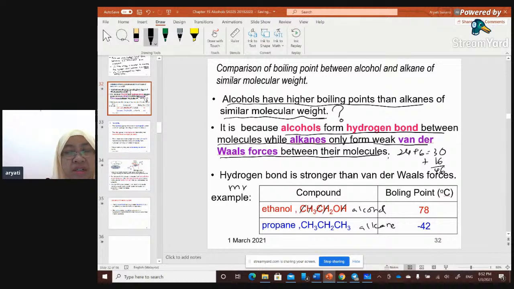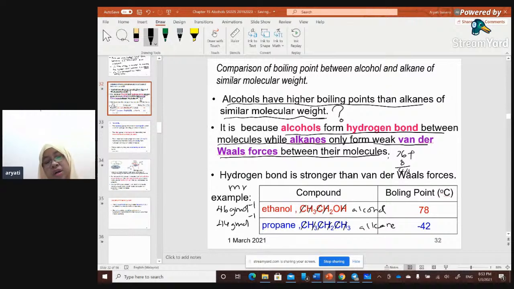So sini MR dia adalah 46 gram per mol. Untuk propane, sini ada 12 kali 3 ialah 36, plus 8 hydrogens, so ini ialah 44 lebih kurang, 44 gram. So this is the two molecules with MR almost the same.